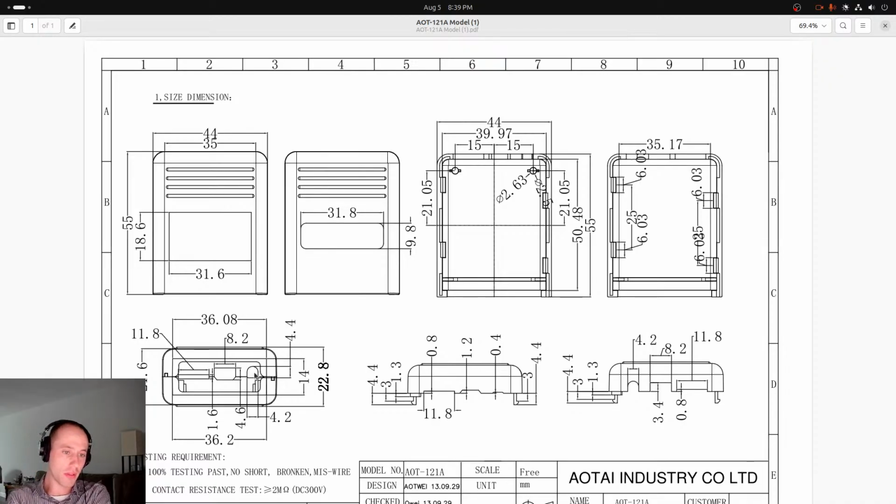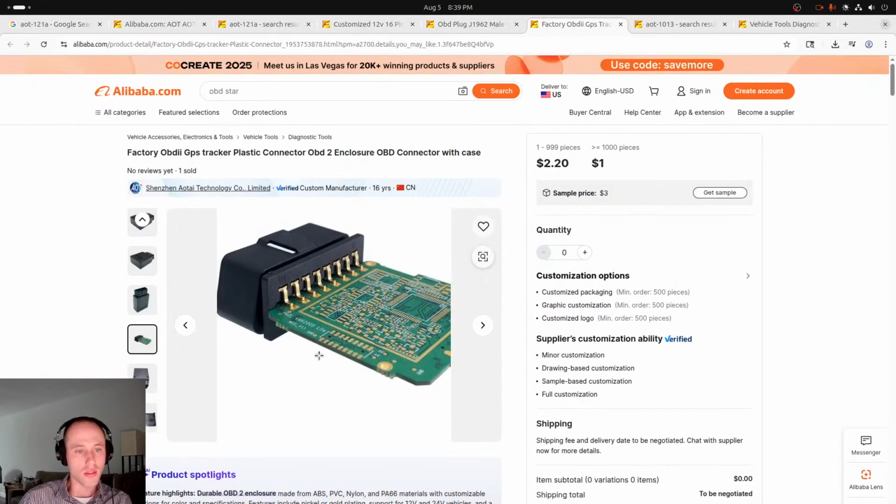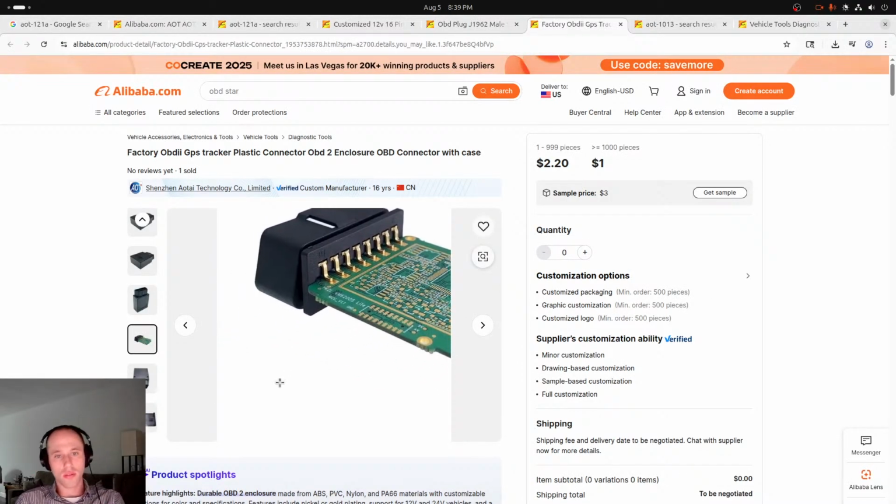Ooh, that could be for an antenna. That would be pretty cool. I mean, if they're anticipating a SIM card, then why not an antenna, right? So that's pretty neat, if that's the case.